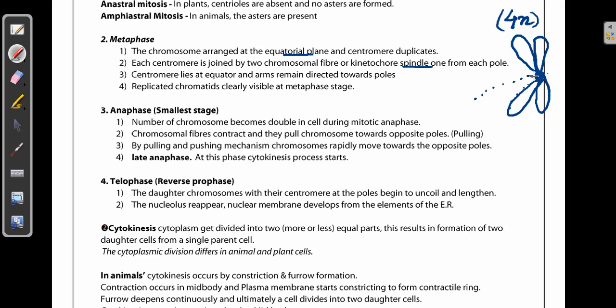So this region, wherever the attachment is taking place, is called the region of kinetochore. So you can see the kinetochore will be here, and once it gets attached to the kinetochore, all of them are going to be pulled apart. And here you can see the replicated chromatids will be clearly visible. So this is a stage. We are going to look at the live images as well. You can understand more about them.